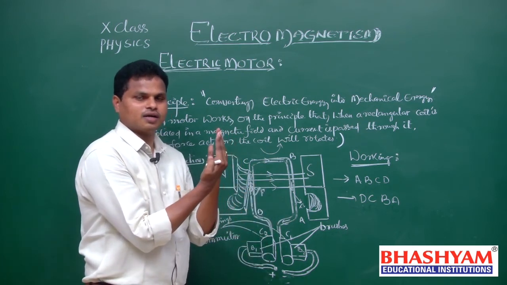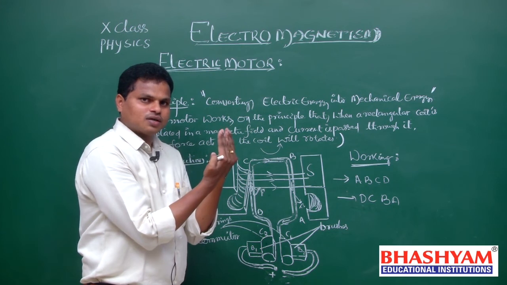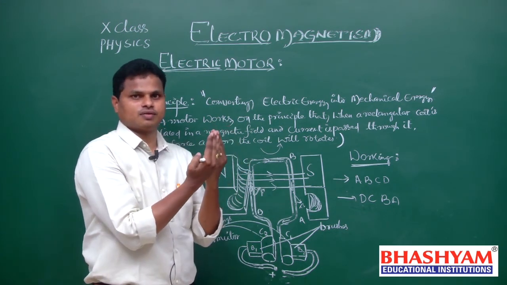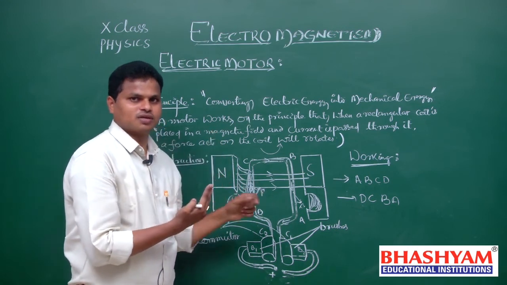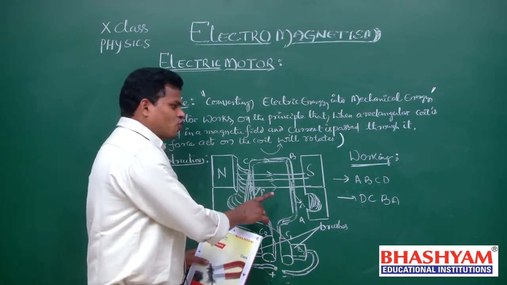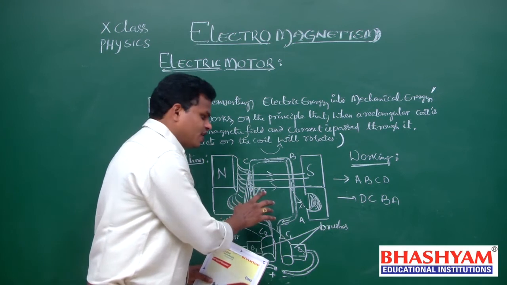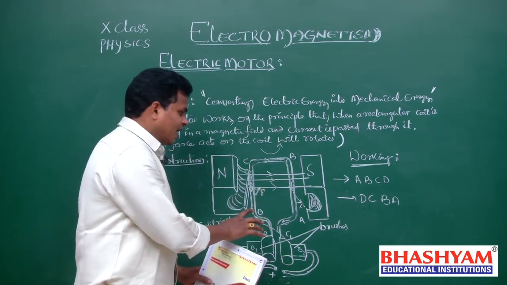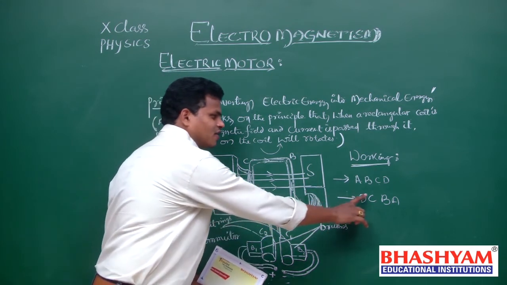There is no contact, it comes to a halt. Due to the inertia, it comes into motion. This process keeps going. For every half rotation, the direction of current is reversed.